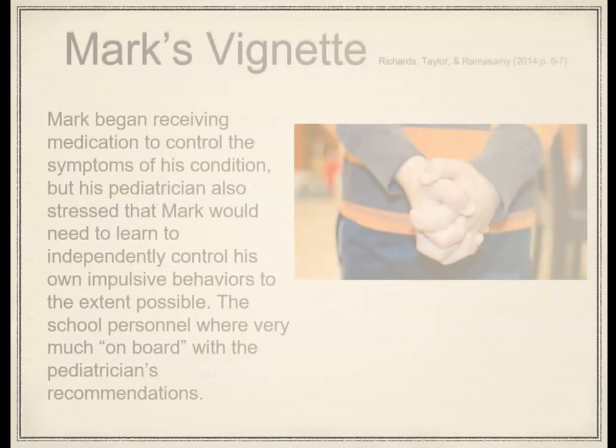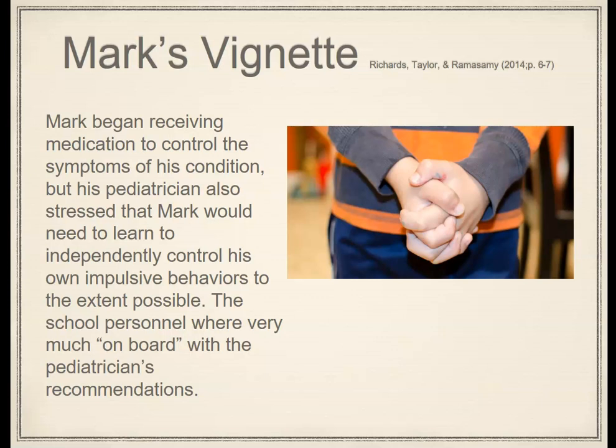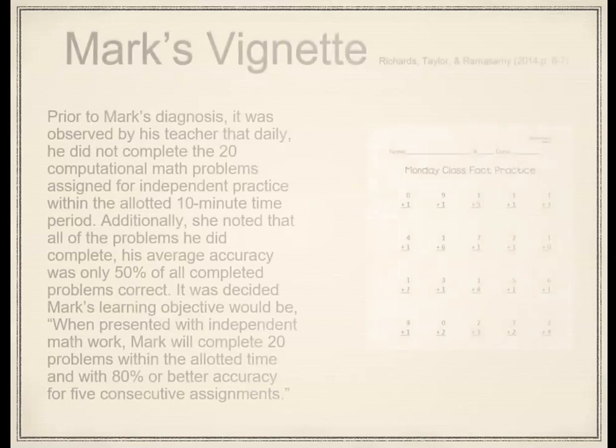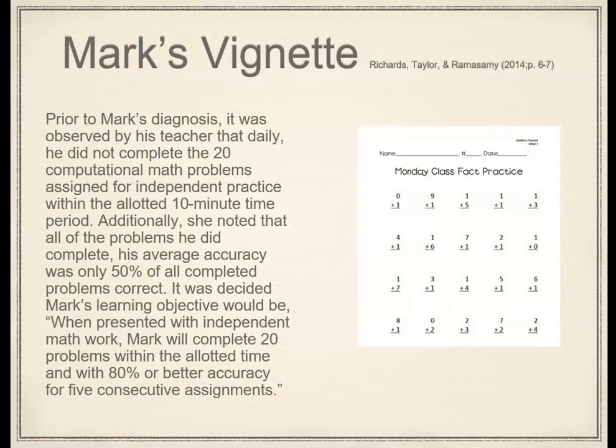Mark began receiving medication to control the symptoms of his condition, but his pediatrician also stressed that Mark would need to learn to independently control his impulsive behaviors to the extent possible. The school personnel were very much on board with the pediatrician's recommendations. Prior to Mark's diagnosis, it was observed by his teachers that daily he did not complete the 20 computational math problems assigned for independent math within the allotted 10-minute time period.